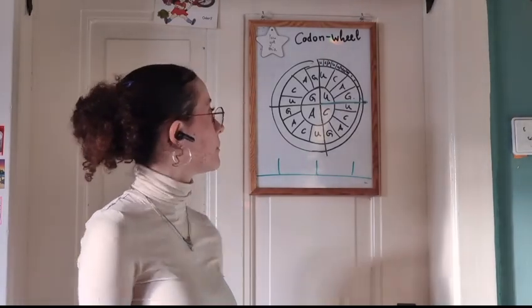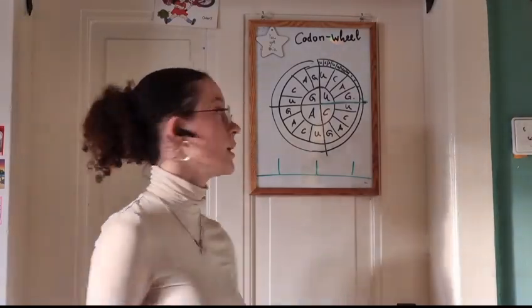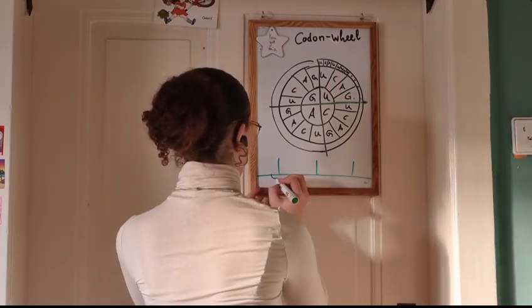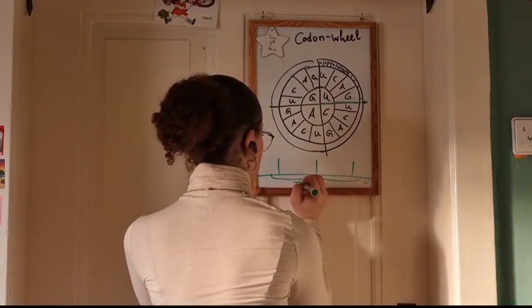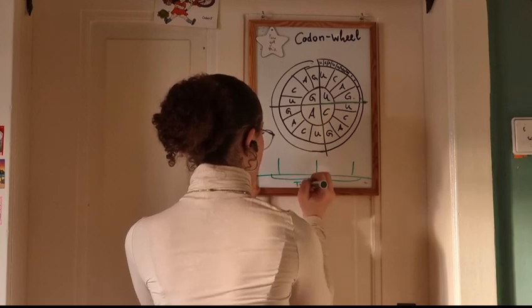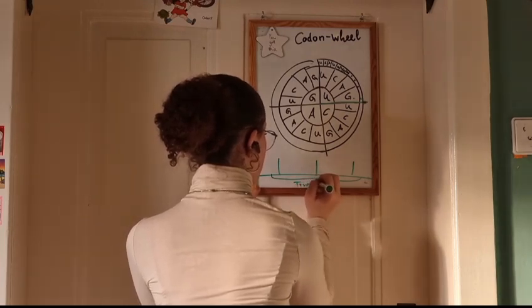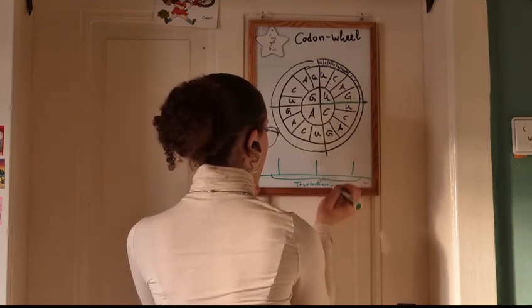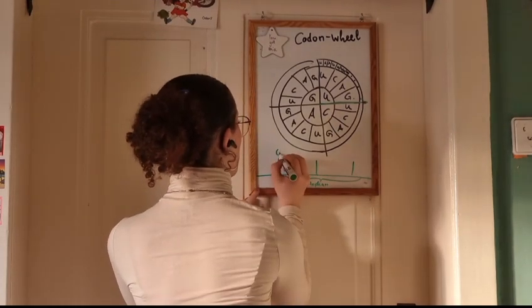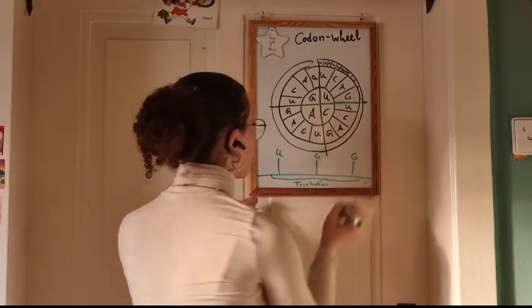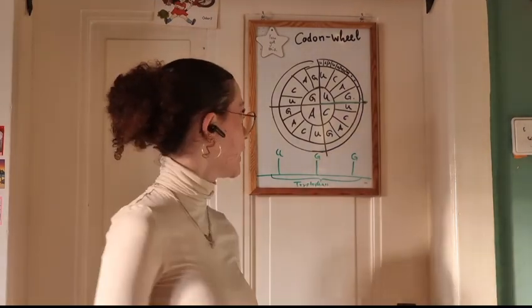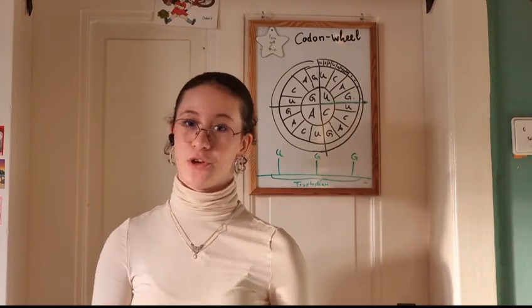And that is basically it. So there's codon or amino acid tryptophan, tryptophan would be U, G, G. And yeah, that's like the first step.